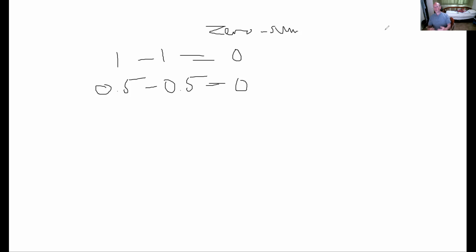Zero-sum games are very much associated with realism. It's associated with an idea called relative gains. I'm writing now with this weird pen thing. Relative, like your mother or your father. Relative gains.